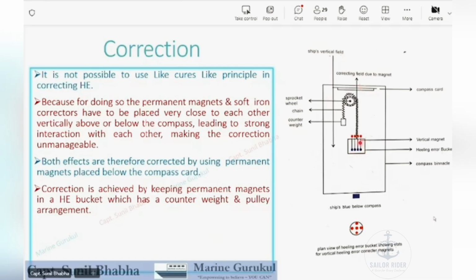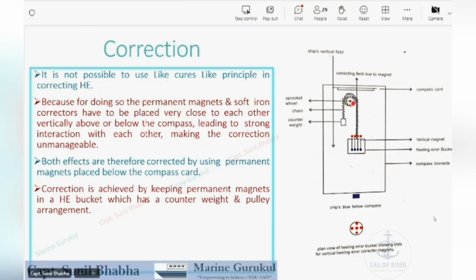You can see the vertical magnets placed inside the bucket. If you have a plan view of the bucket, or you look from top, you will see the bucket will look something like this. All these are slots in which the magnets are placed vertically. So this is the plan view of the heeling error bucket showing the slots for vertical heeling error corrector magnets.